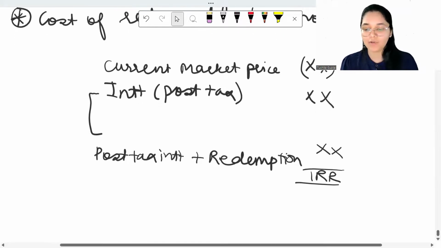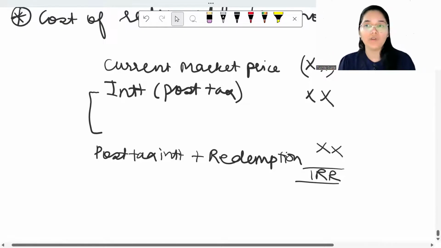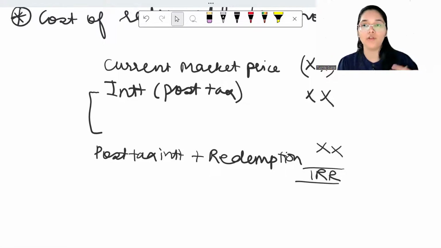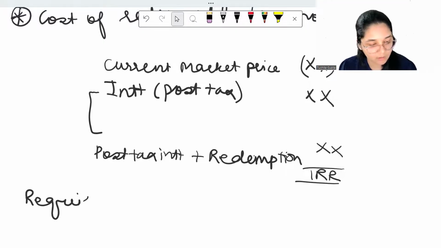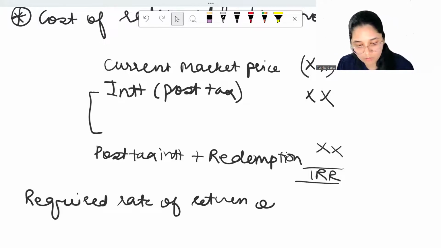Now the next thing that we are going to study before we move to the next thing, you should know that the examiner can very well play with words, so you should know what different terminologies are also used for the same thing. So if you talk about the pre-tax cost, it's nothing but the required rate of return of the redeemable debt holder.